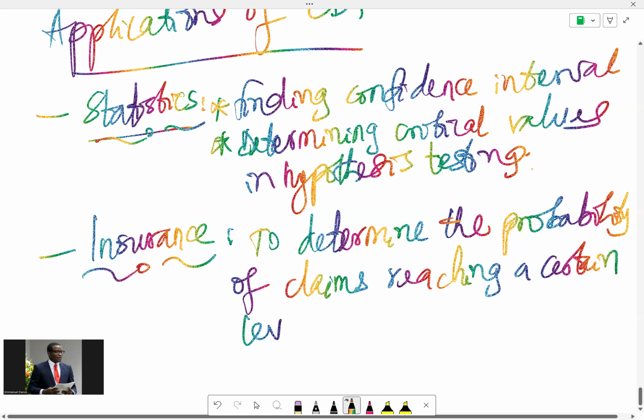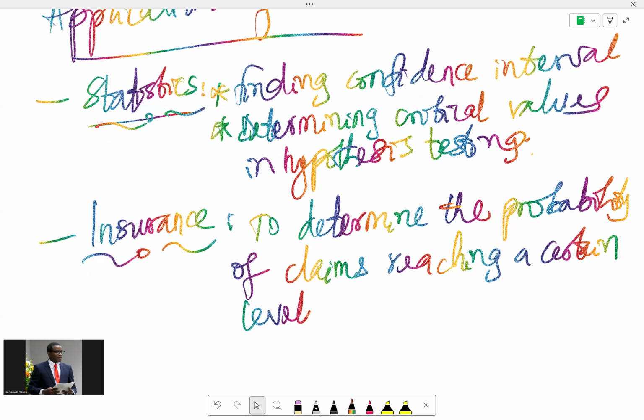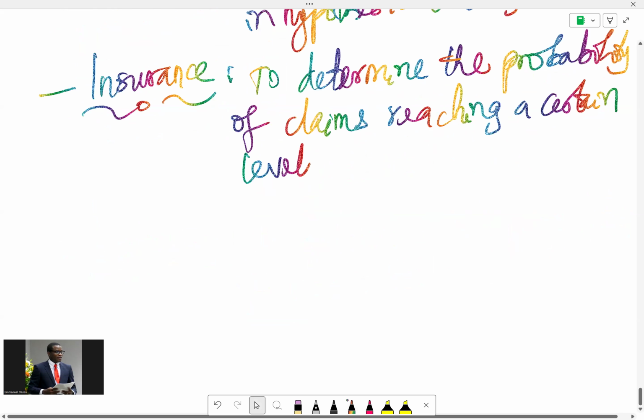If you already know the probability that the claims by clients are going to reach a certain level, you can prepare adequately for that, so you are not caught unawares.